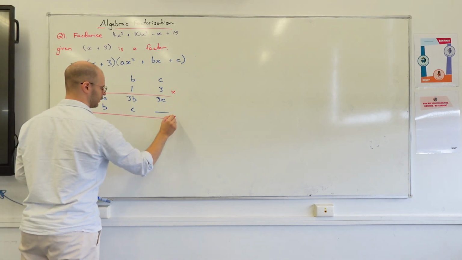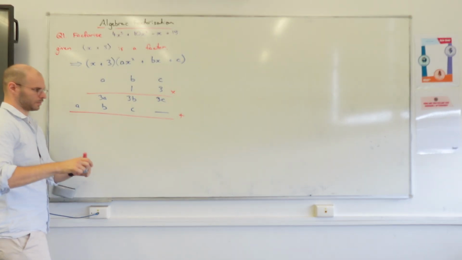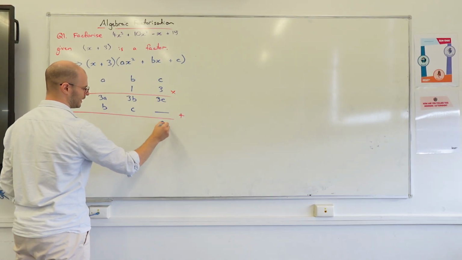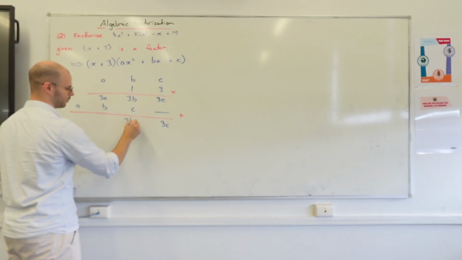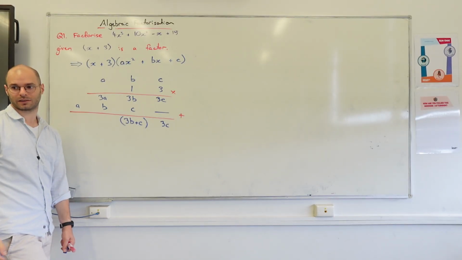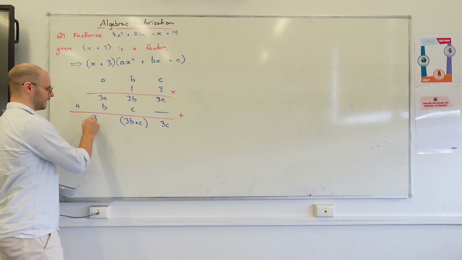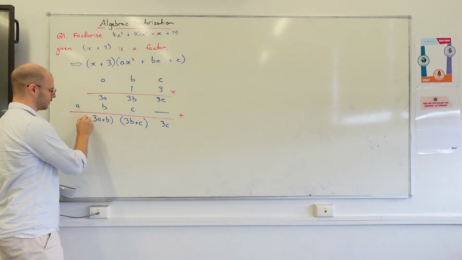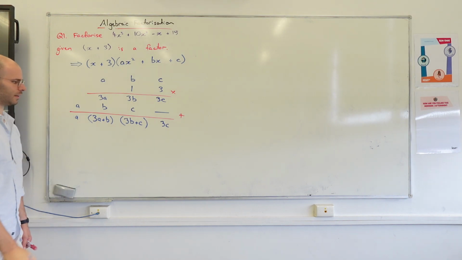Next, sum them. 3c, 3b plus c. I'm using brackets on these so I don't get the expressions mixed up. 3a plus b. And then we got a on the left there.